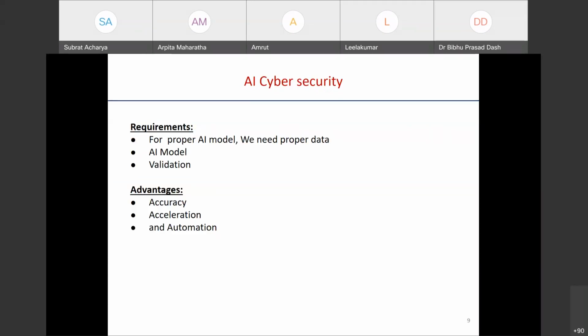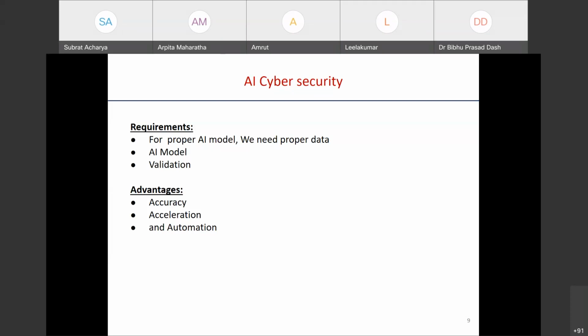Coming to AI in cyber security, first we have to focus on the requirements. So what are the key requirements? Number one, to build a proper AI model, we need proper data sets. That is the most important factor, and there we have to see what are the maximum sources of information we can give for the model building. Then after the proper data set, we need a proper AI model.